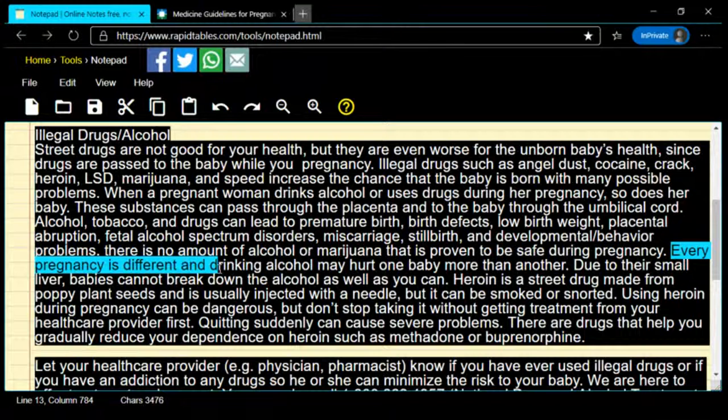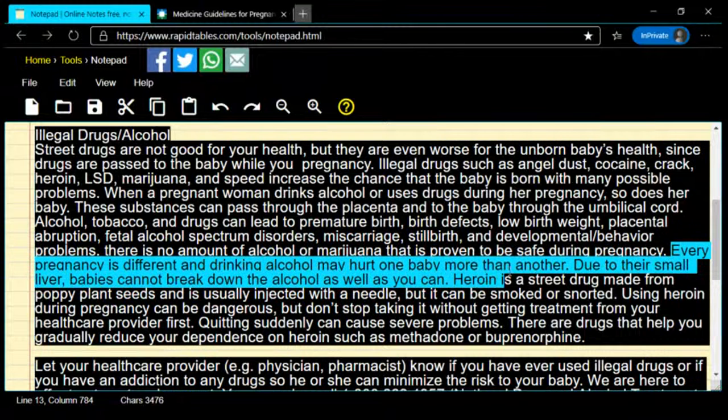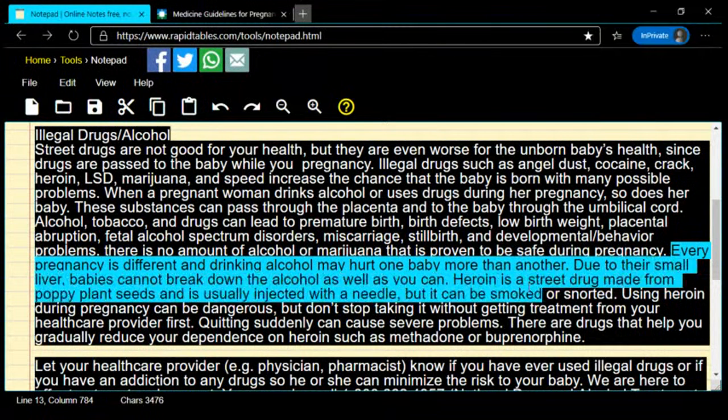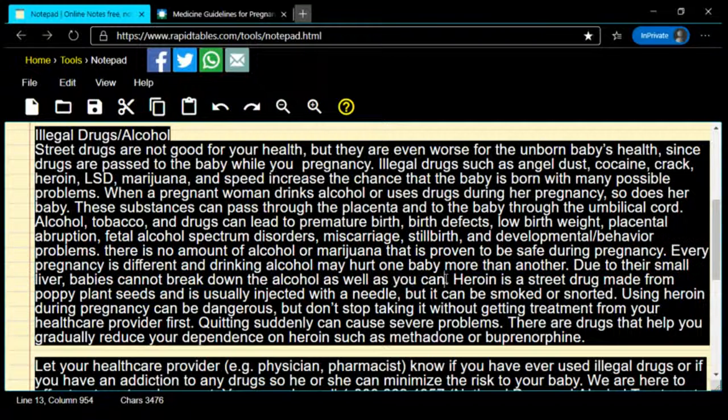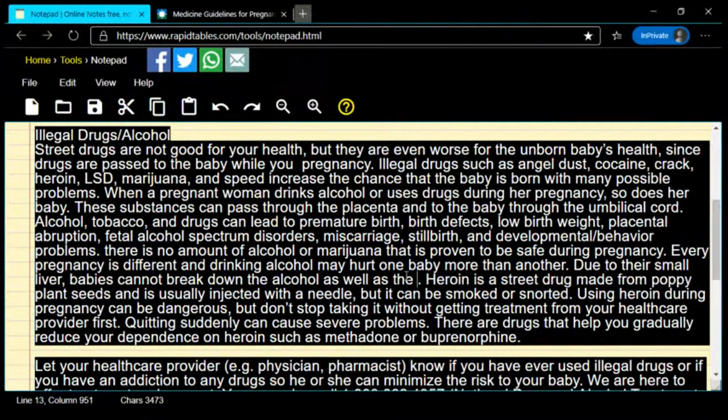Every pregnancy is different, and drinking alone may hurt one baby more than another. Babies have a small liver and cannot break down alcohol as well as adults.